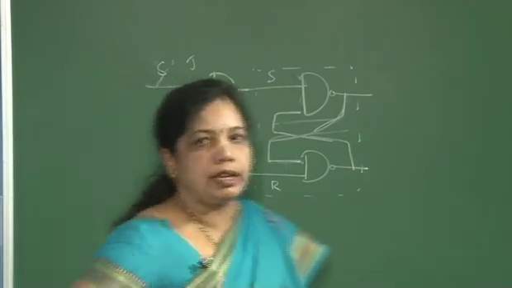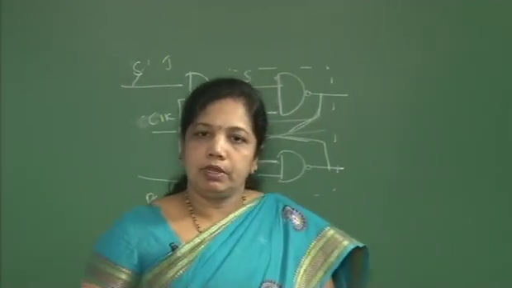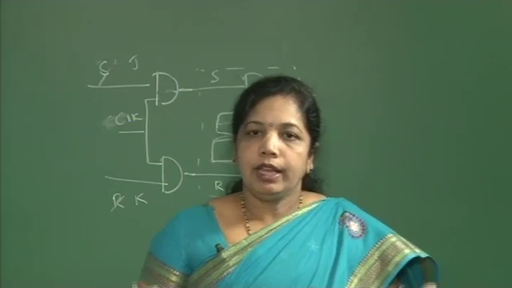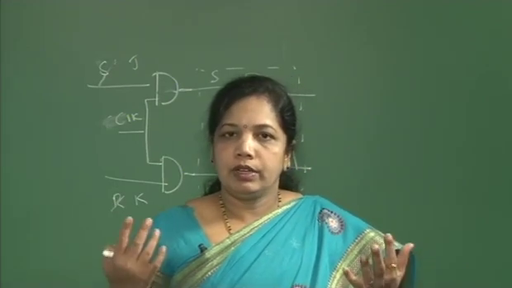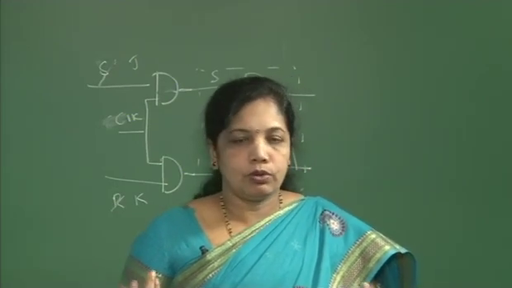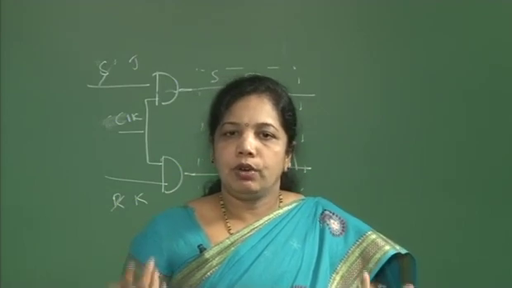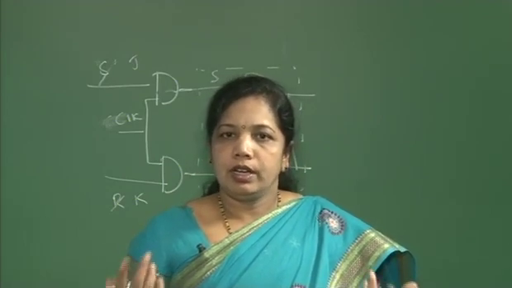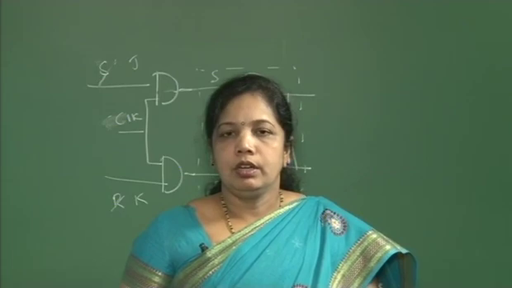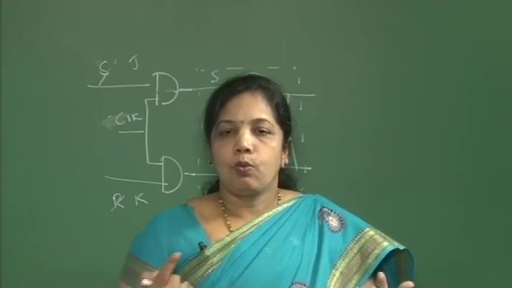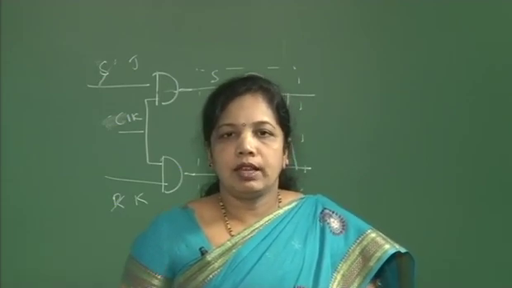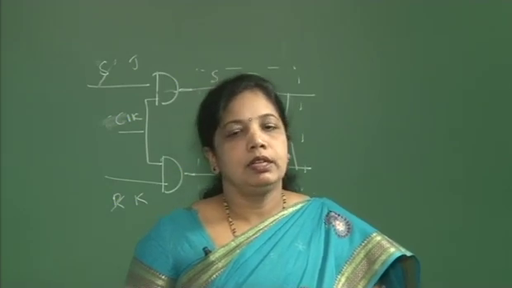Why JK? As we have discussed in the previous session, in SR flip flop, when S and R both are 0, it is the no change condition, we have 0 and 1 set condition, 1 and 0 reset condition. The last one, the 1-1 operation, was an invalid, indeterminate, forbidden condition.